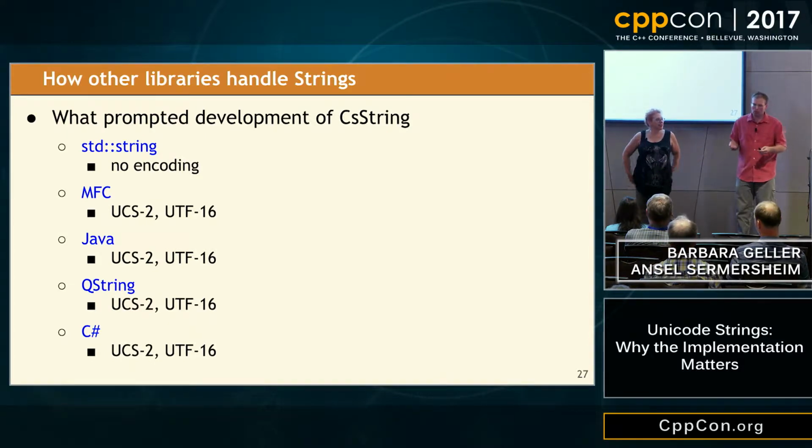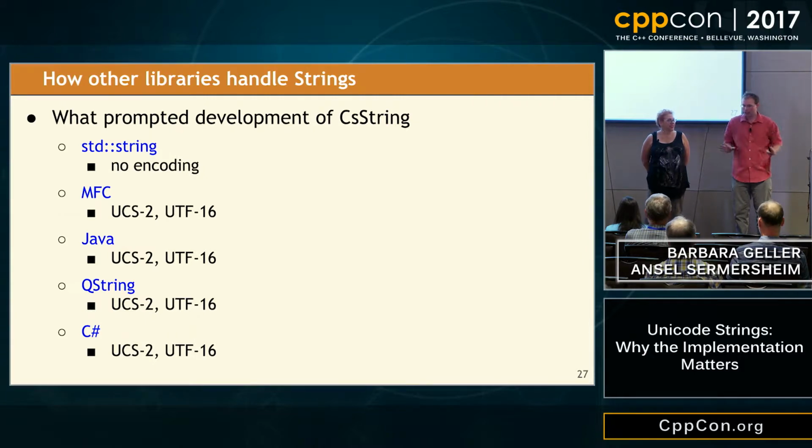And a great example of this, I'll take a moment to pick on C# here. Every one of these libraries has similar issues, but it's one of the most demonstrative ones. In C#, there is a text field element in the GUI library, and you can specify the length that you want a user to be able to type in characters. But it's not really characters, it's storage units. So if you, for example, take a text field and say, I'd like the user to be able to type in 10 characters, and they type in 9 characters that are in the basic multilingual plane, those each take 1 storage unit to encode.